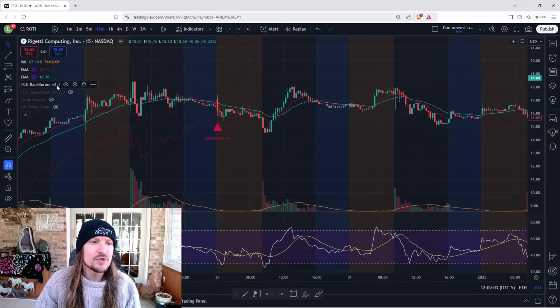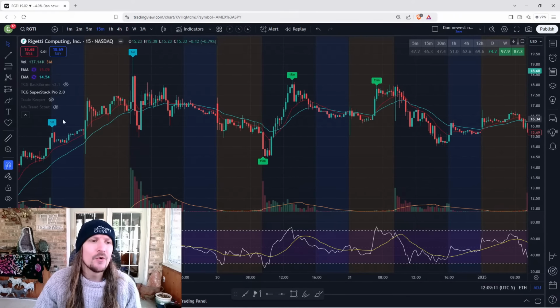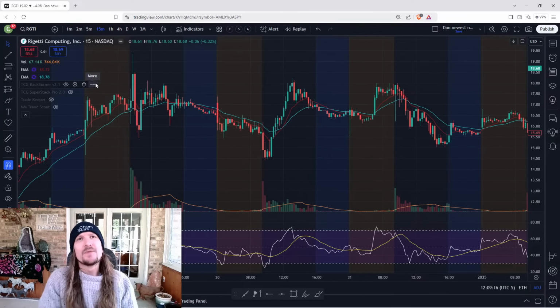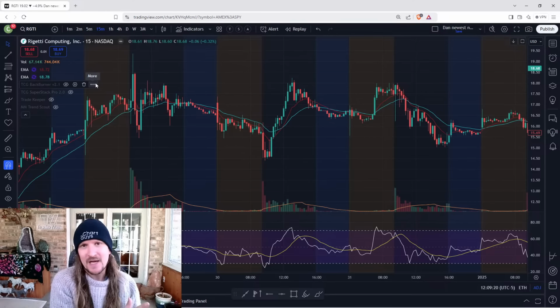Next, we're going to talk about superstack. This is our newest indicator. Turn off backburner, turn on superstack. So let's talk about superstack first before we look at it. Superstack indicator is essentially when you are at extremes across a multitude of time frames.